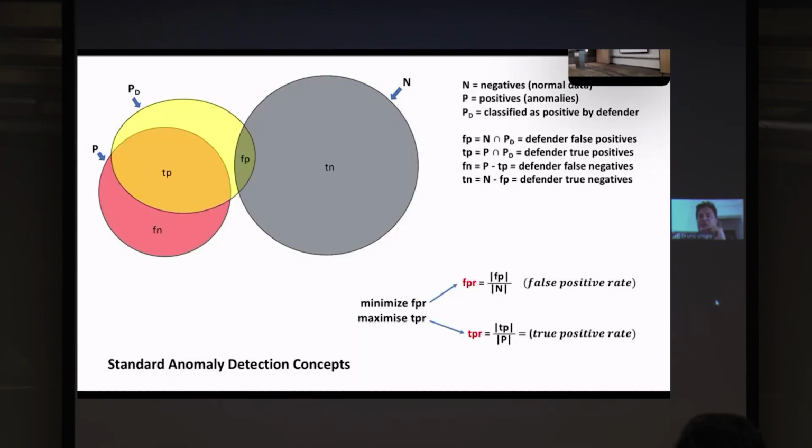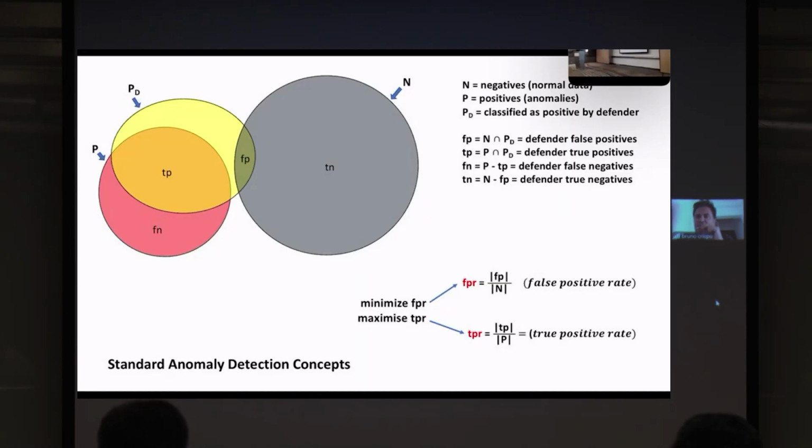That's why the yellow, which are the positives, what the defender considers anomalies, do not coincide with the pink, which are the real positives. But these are essentially the ones considered anomalies by the defender's classifier.